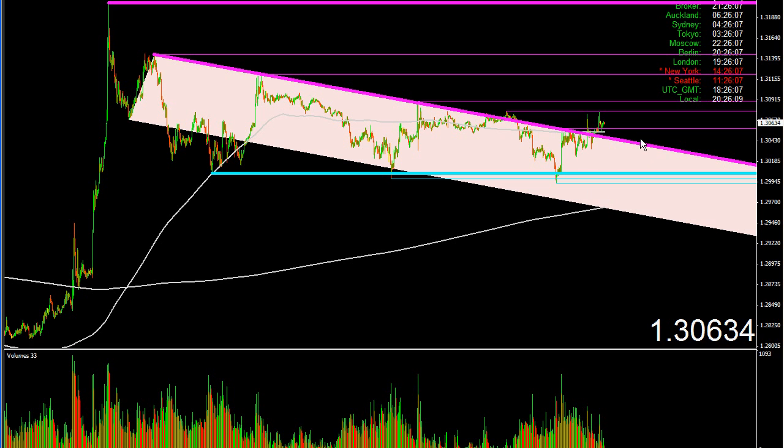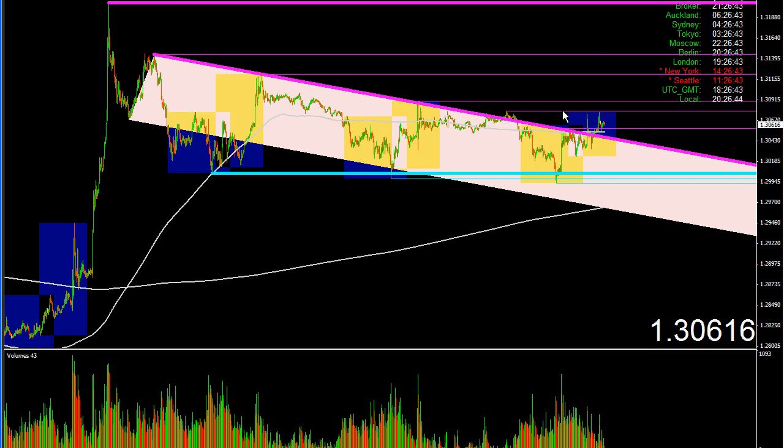So be aware of the euro dollar in the next day. Here in the Wall Street and European sessions, we are trading round about the highs, some 10 pips under the two-day or Wall Street session highs.